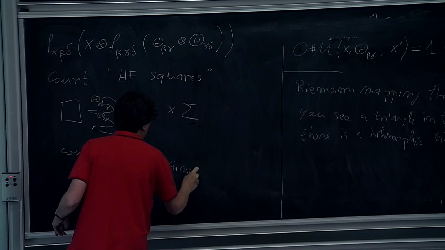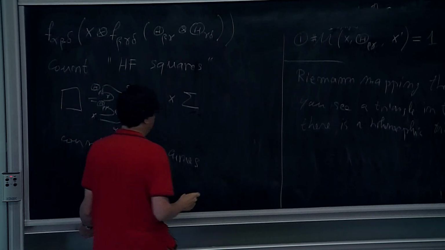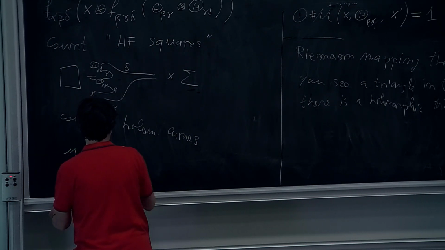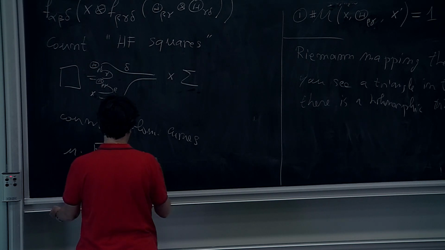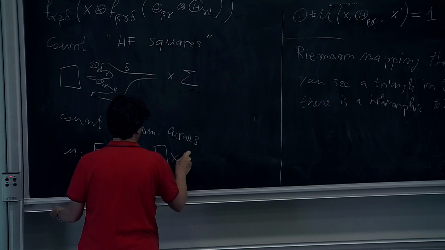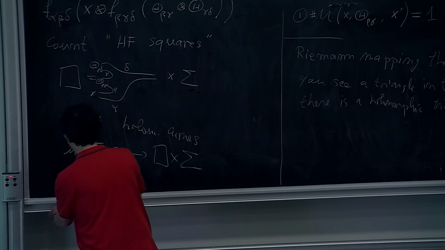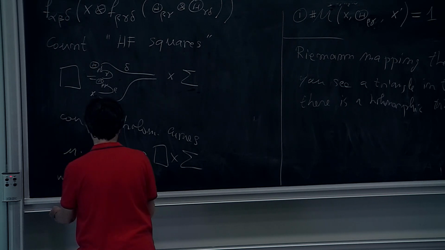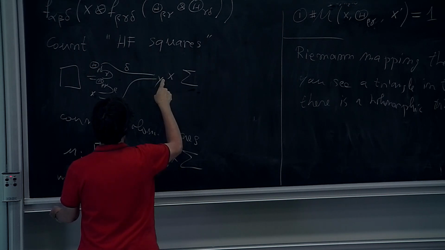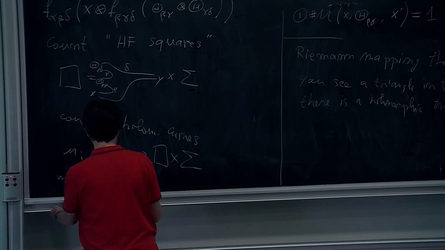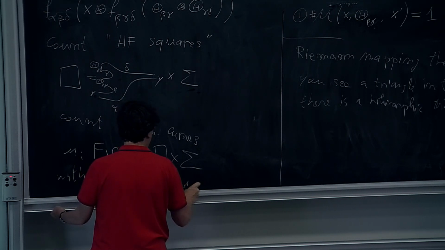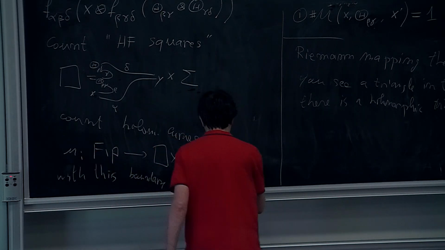And we count holomorphic curves U from some Riemann surface to square times sigma with this boundary condition. In the output we put y with this boundary condition and asymptotics.